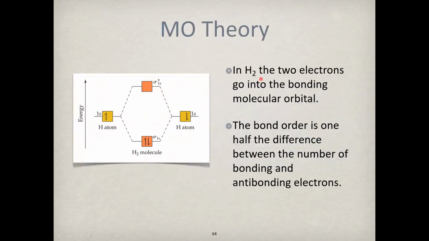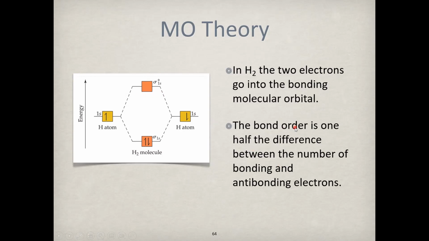So if we look at hydrogen, we can see why hydrogen is going to form a diatomic molecule, because as the individual atoms, we have just a single 1s electron. But when these atoms combine to form the molecule, both of those electrons fill the sigma 1s orbital. This is a bonding orbital versus the anti-bonding orbital.